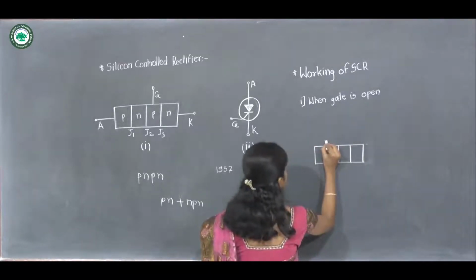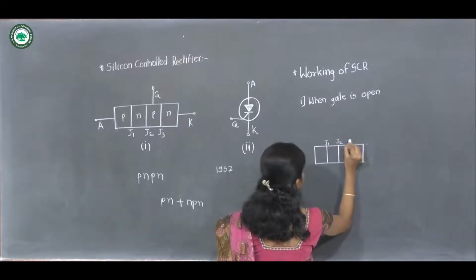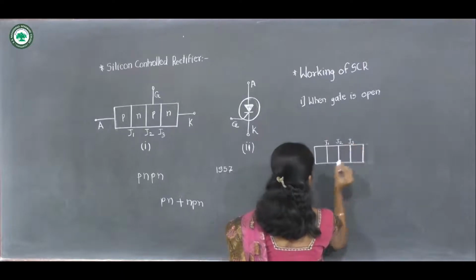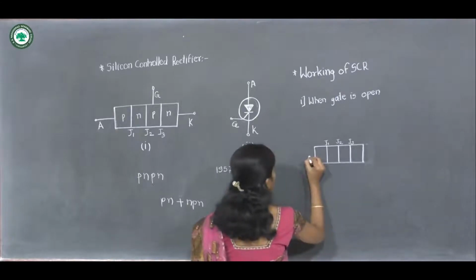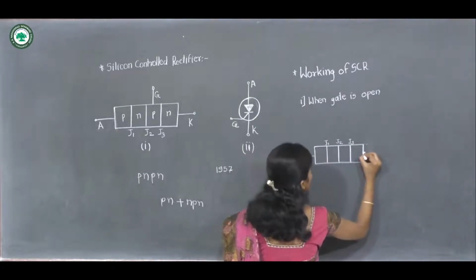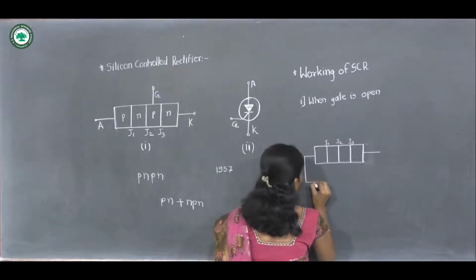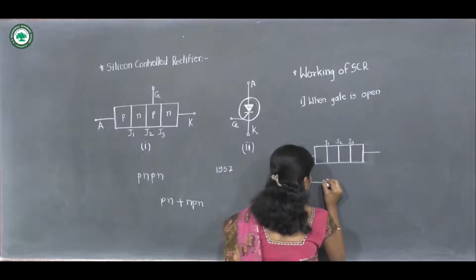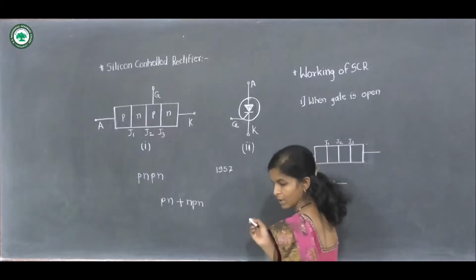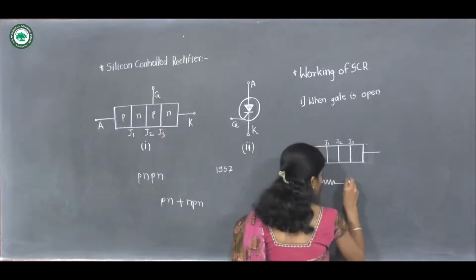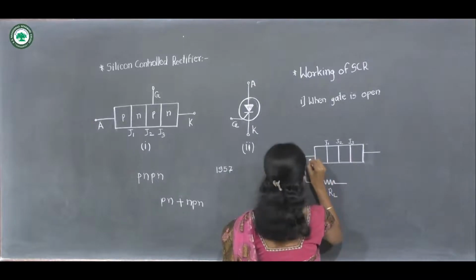So this is junction J1, this is junction J2, and this is junction J3, and load is applied across anode and cathode terminal. Load resistance RL is applied, and positive terminal of battery is connected to anode.